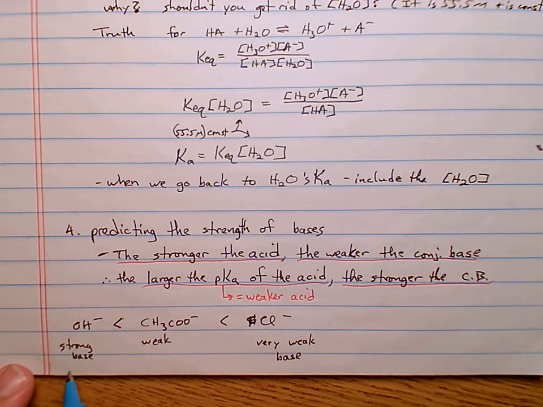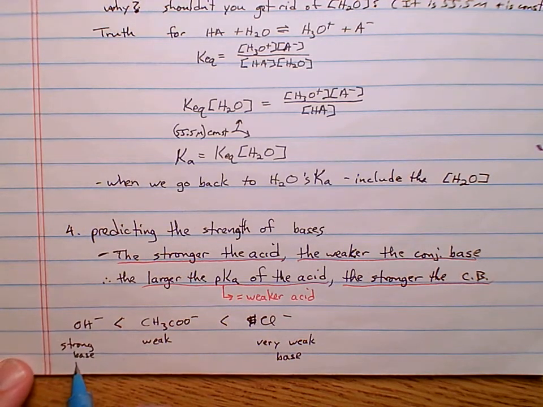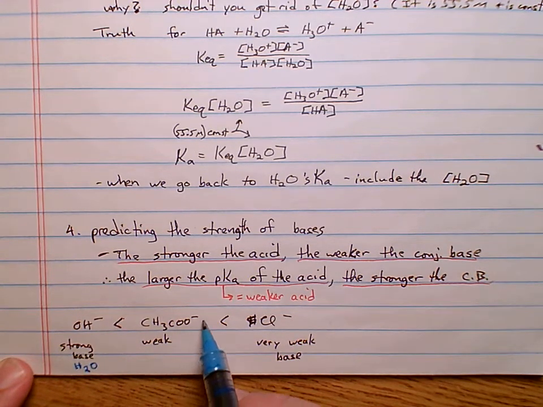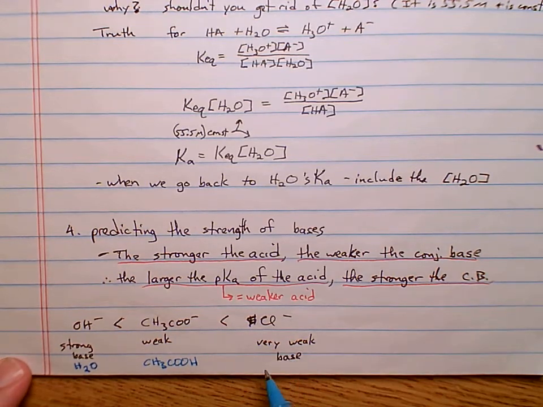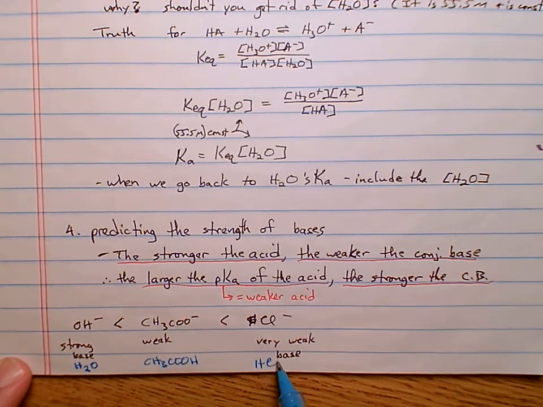OH minus, if this is the base, how do you get the conjugate acid? You add a proton. So you add a proton to OH minus to get the conjugate acid, that's H2O. You add a proton to CH3COO minus to get its conjugate acid, that is CH3COOH. Add a proton to Cl minus, its conjugate acid is HCl.